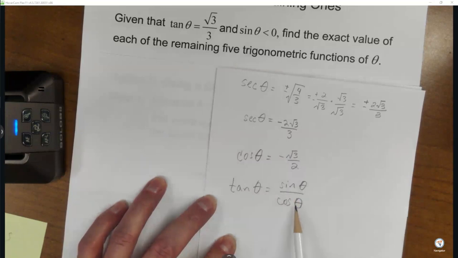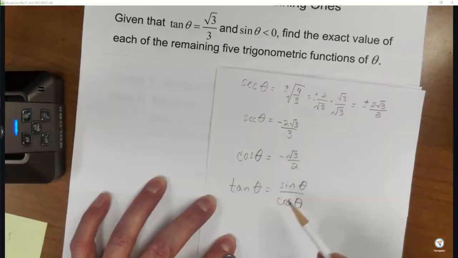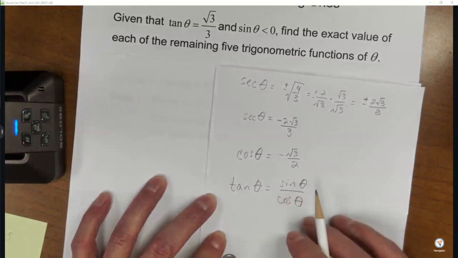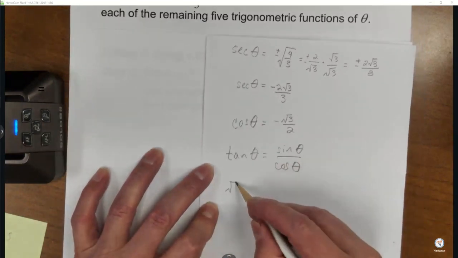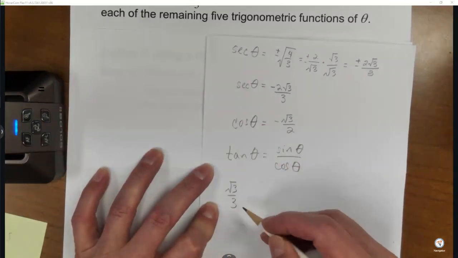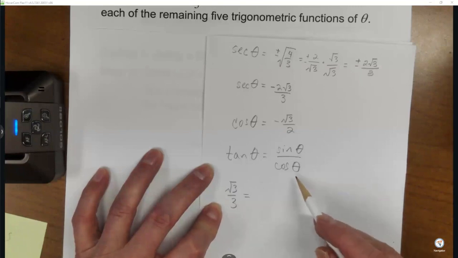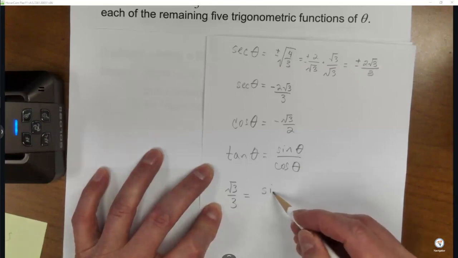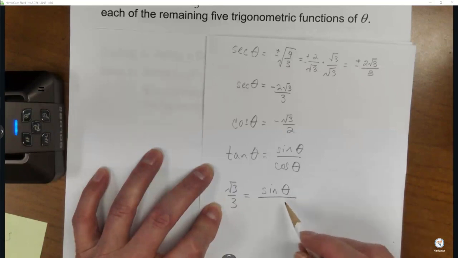And whenever you have three parts and you know two, you can find the other. So let's plug in the tangent, which we found to be the square root of 3 over 3, or they gave it to us. And then we found the cosine, but we don't yet know the sine. We found the cosine to be negative square root of 3 over 2.